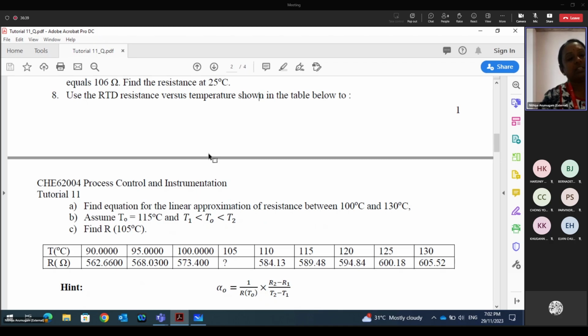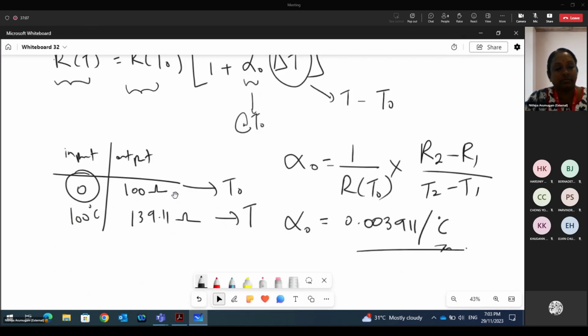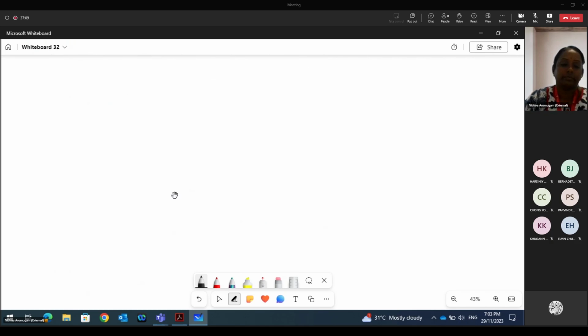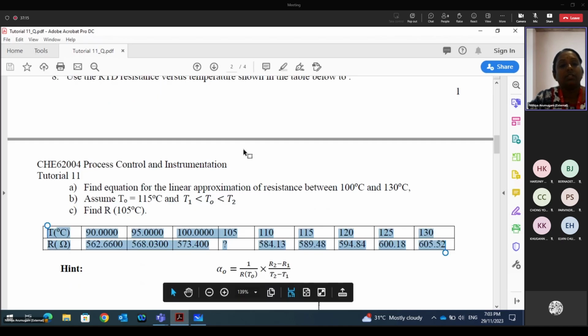Now question number 8, again about the resistance versus temperature. The values are given for the temperature and the resistance in the table. We need to find the equation for the linear approximation of resistance between 100 and 130 degrees Celsius.